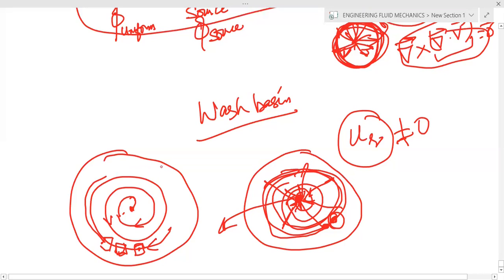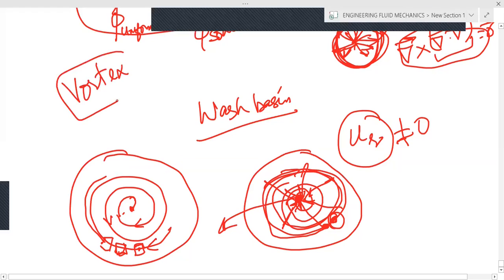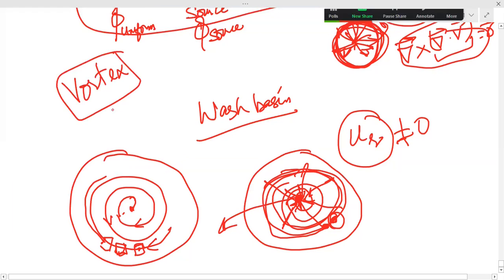Now I am telling you a very interesting concept which we will be applying. There is something called a vortex. Have you heard about vortex? Yes, you have heard about the central portion of tornadoes.